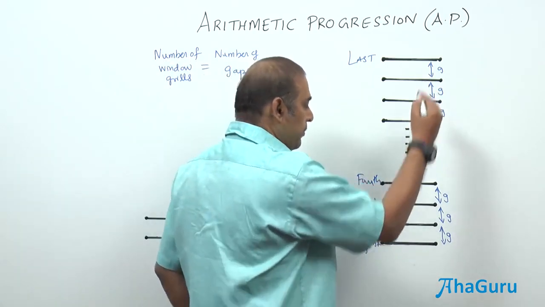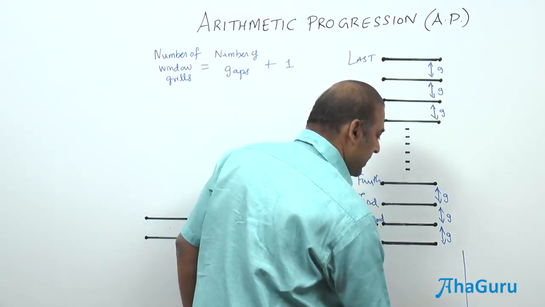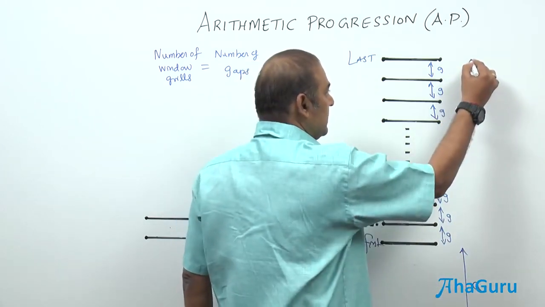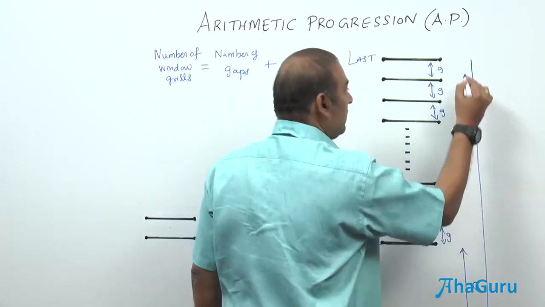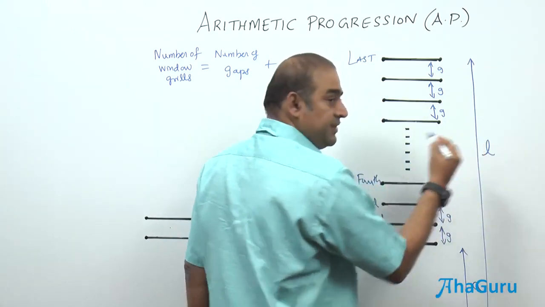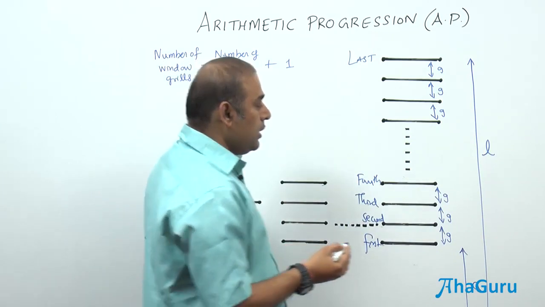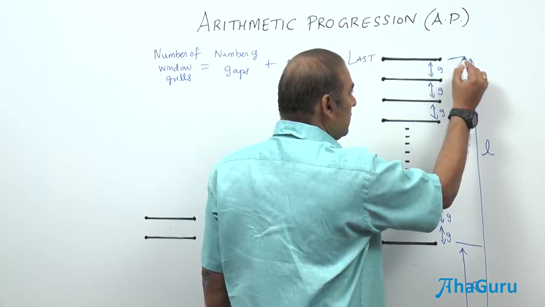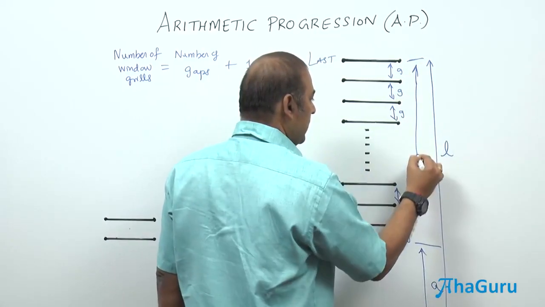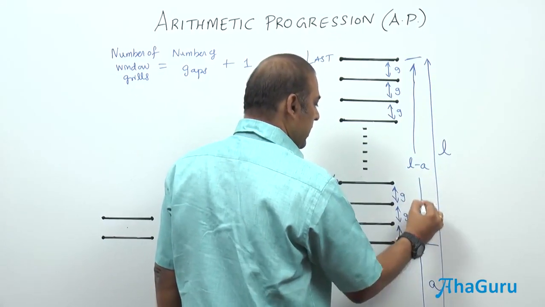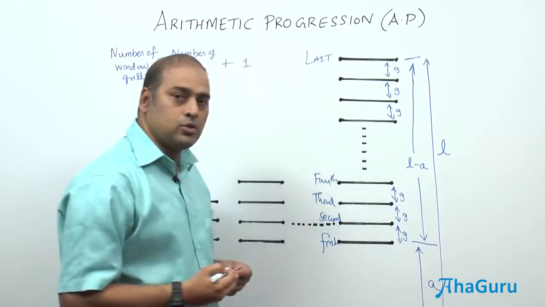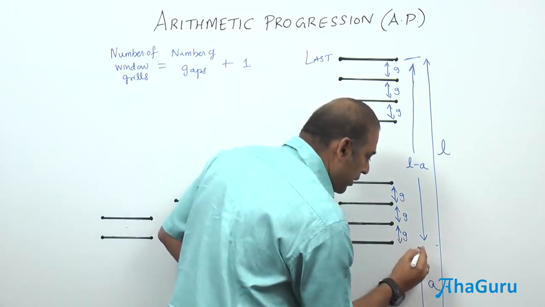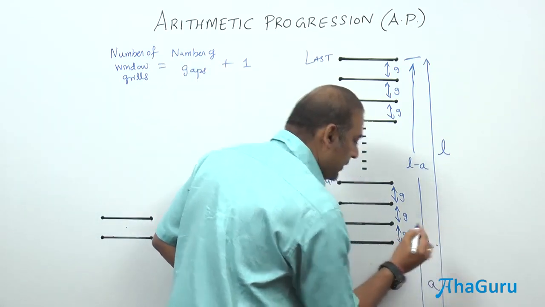If I take this as some number from the ground level, it is at a height of say A, and let us assume the last grill is at the height of L. Then the last grill minus the first grill, this height, is going to be L minus A, right? This is going to be L minus A, and what is going to be the number of gaps, right?